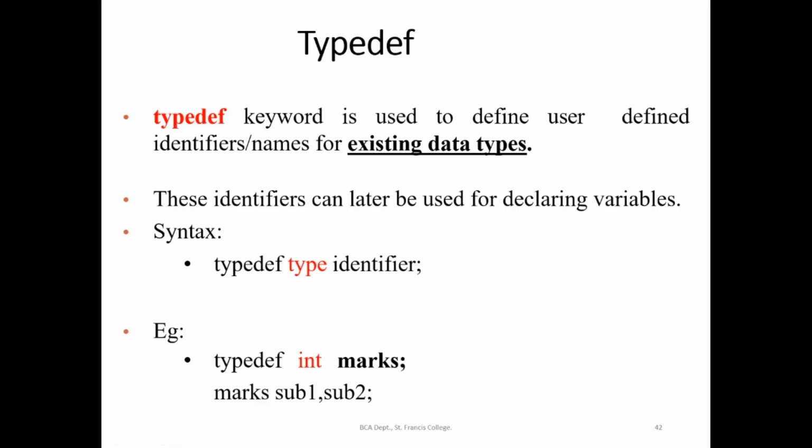But those data types which are existing, if you want to rename, suppose instead of integer, I want to use some name which will be easy for understanding by all those who are working under the same project, I can do it with the keyword typedef.